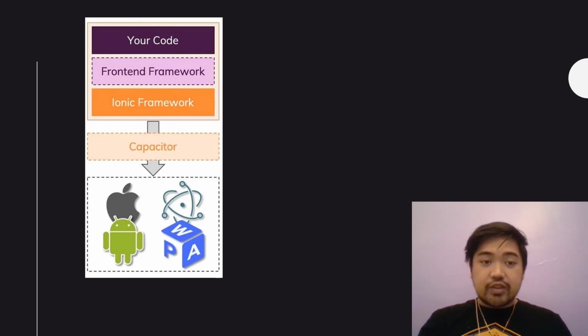And then, after that, we use Capacitor para i-trigger po yung mga native features na kailangan natin for our app. And then, i-open na po natin siya or makakagawa na tayo ng PWA or Progressive Web App na nag-a-act as a native application. Okay, so to start with, kailangan natin ng mga tools para gumawa ng sarili nating Ionic project.